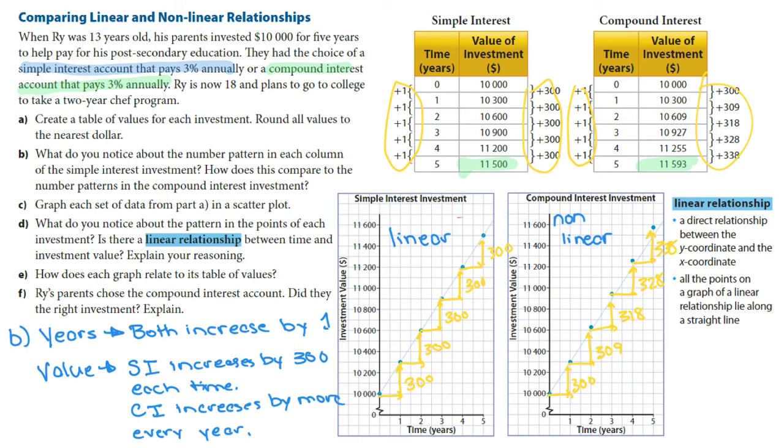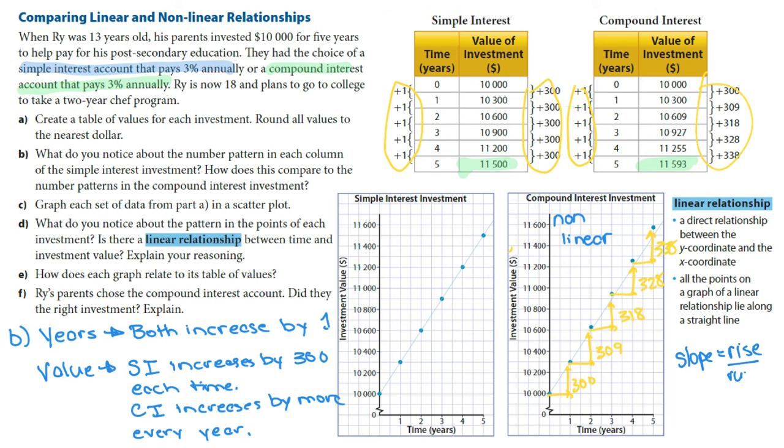Before we finish, I want you to note something, which the question didn't ask about, but we can talk about. I want to look only at the simple interest investment. If you remember back to grade 11, we learned about slope, and slope is rise over run.